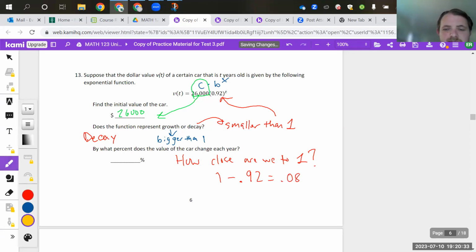So that is my change per year. And this is kind of just like broad definition from the video. So it's going to depreciate, it's going to decay, it's going to go down by 8% each year. So again, you're not going to see 8 in the equation. You're going to see 8 away from 1. You're going to see 0.92.